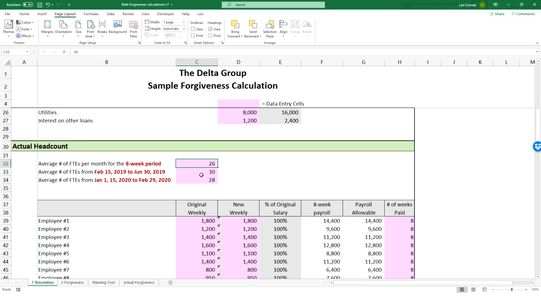The second is the average FTEs for the period February 15th, 2019 through June 2019, and the average number of FTEs for January 1st through February 29th of 2020. This is because you are allowed to use one or the other calculation on the FTEs for 2019 or 2020. It's something you have an option for, and I'll go through some of those calculations as we get into the simulation tool.